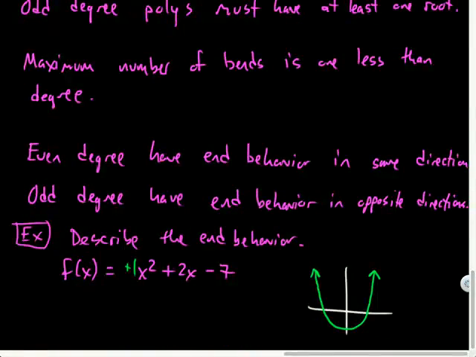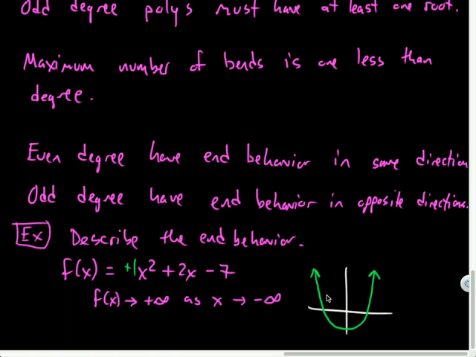So the end behavior, this is how we'd write that language. Let me describe this left side here. What is happening to the y values? As we get further, they're going positive. So I would say f of x approaches positive infinity as x approaches negative infinity, going further to the left as y goes up.